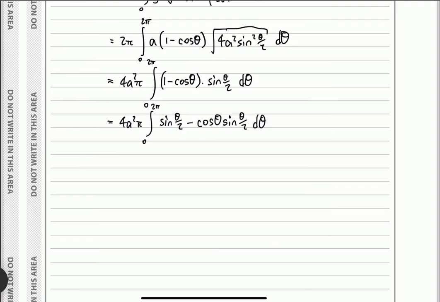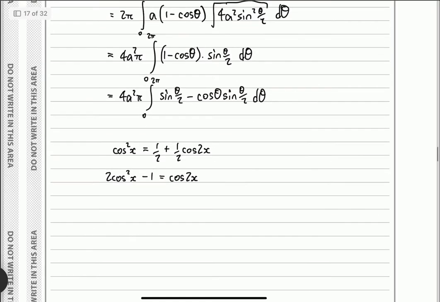So using cos squared x is equal to a half plus a half cos 2x. Rearrange this a little bit. So we get cos 2x there, and then instead of x, let's have theta over 2, and that is equal to cos theta.